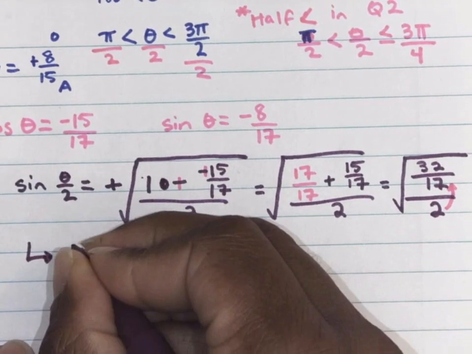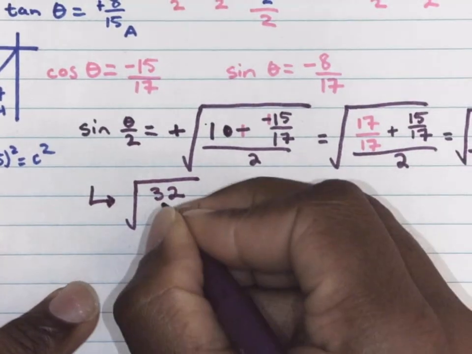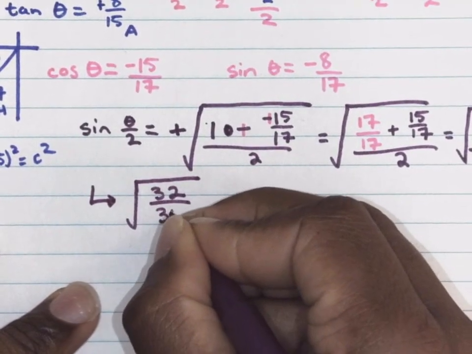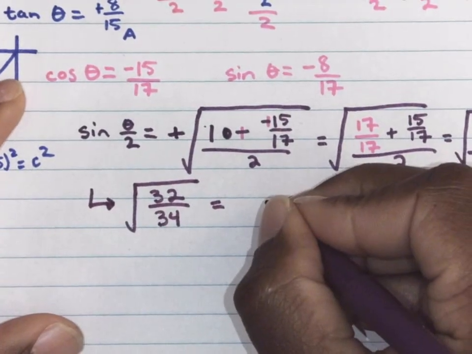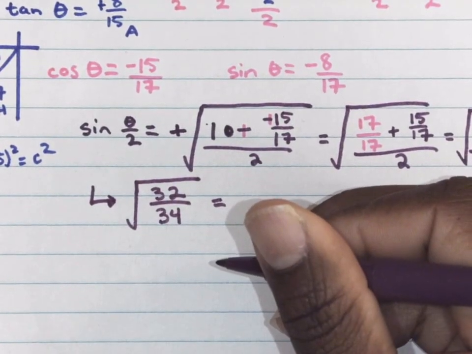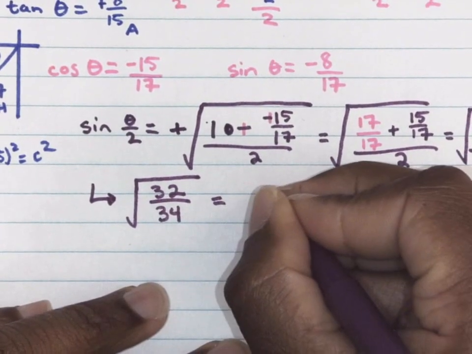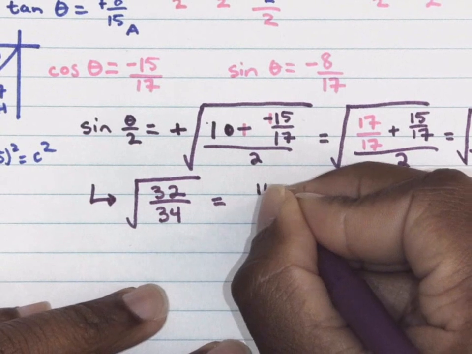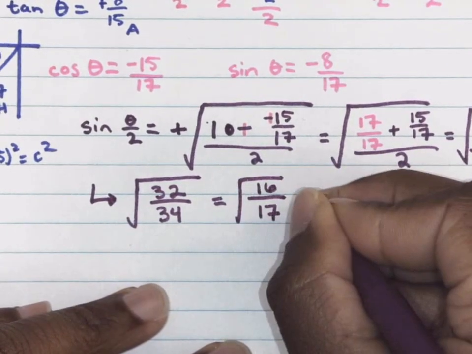So what we get is the square root of 32 divided by 34. We can reduce both of these. They're divisible by 2. Both of them are. So 32 divided by 2 is 16 over 17 inside the radical.